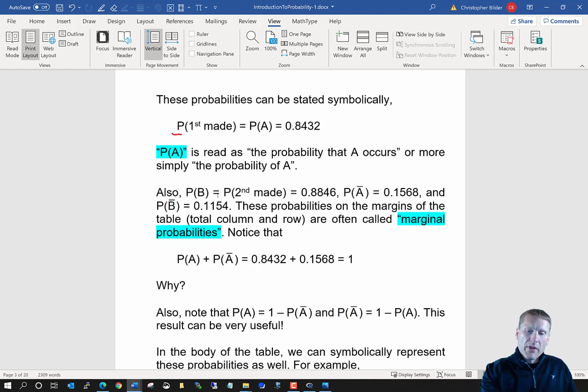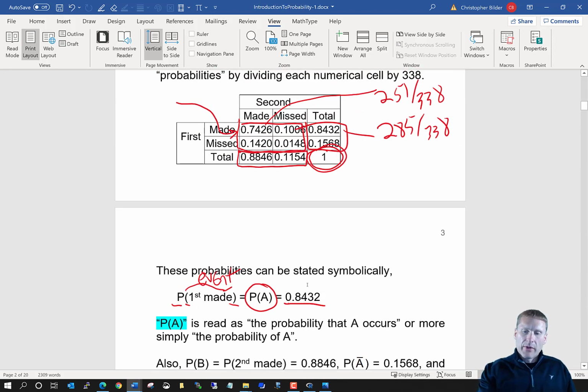We use a P, and then parentheses, and inside we put the event, and we phrase this as the probability the first was made, or more generically we can say the probability of A, and that was 0.8432, which was located right here in the table.